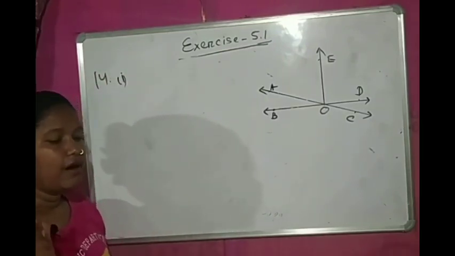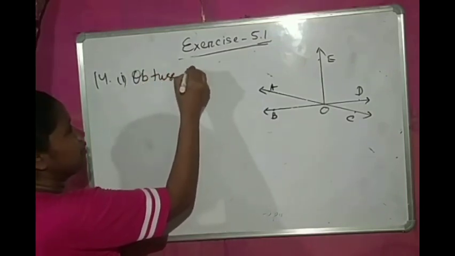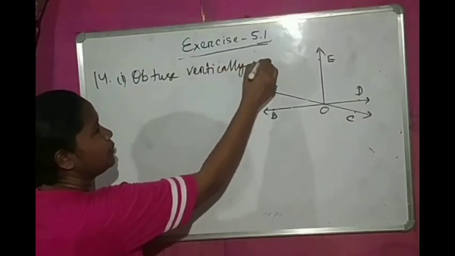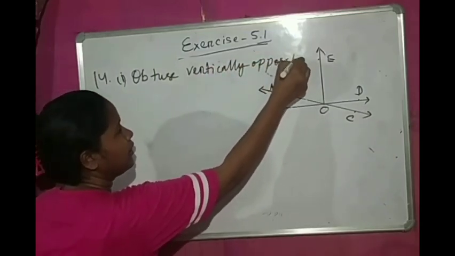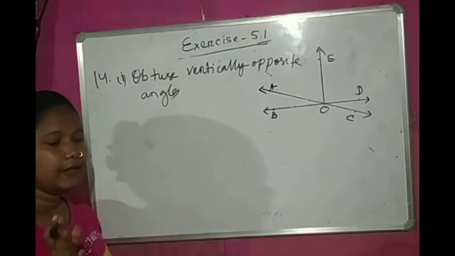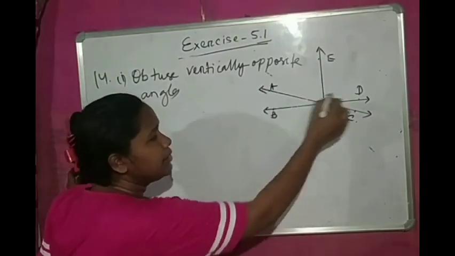Number 1 is what? Obtuse vertically opposite angles. Which one is obtuse vertically opposite angles? Look here, AC and BD.